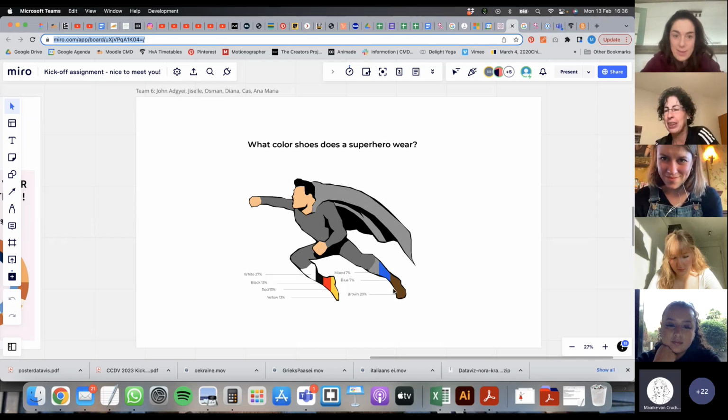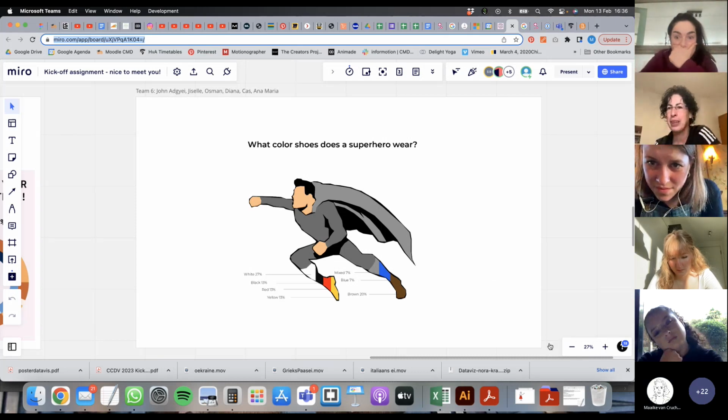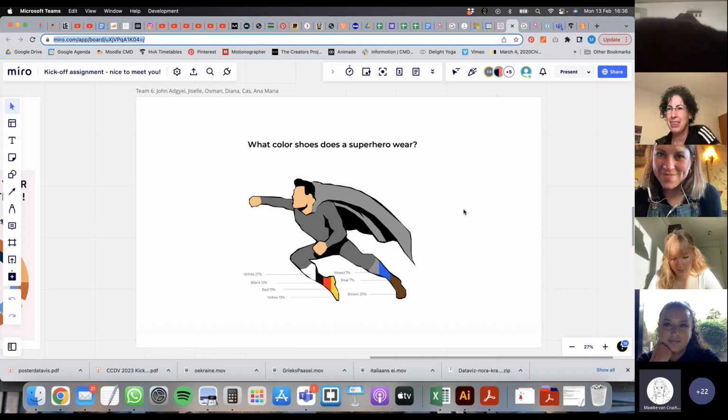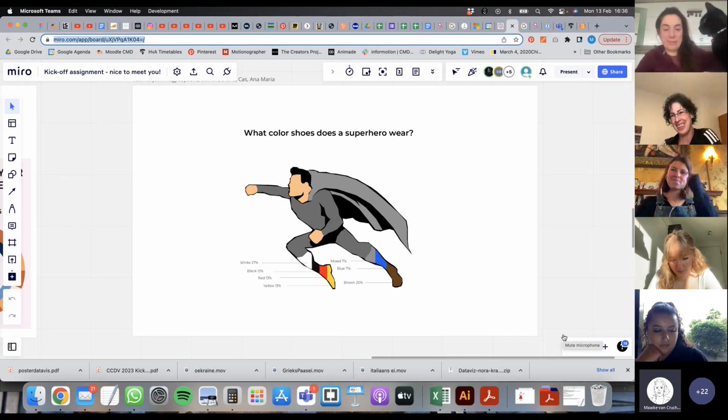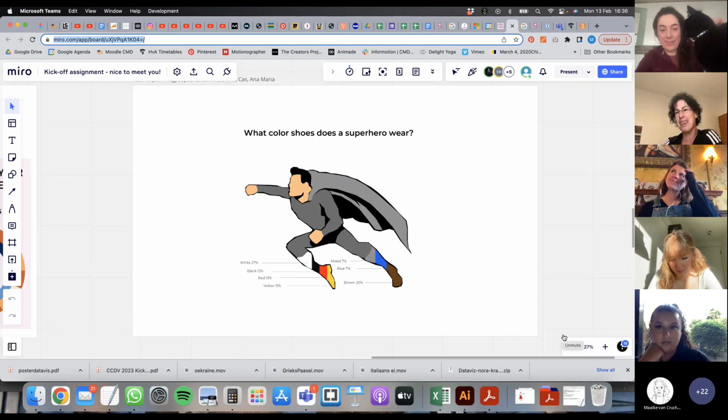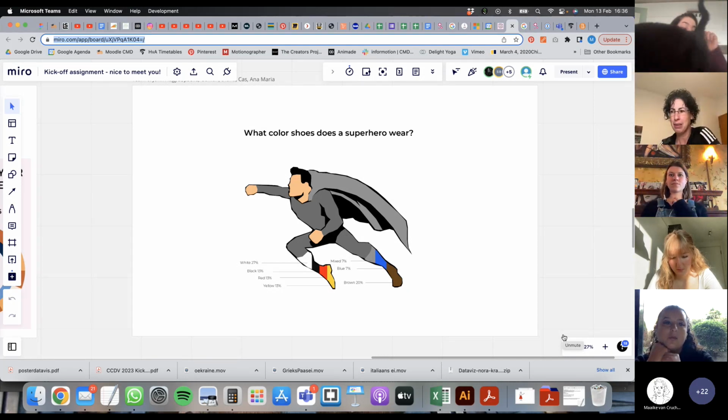Brown, yeah, no, white. By far, it's the biggest group. Yeah, most superheroes like white shoes. Mike is the 2023 superhero. Yes, exactly. It's like a monochromatic superhero. Really, really cool.